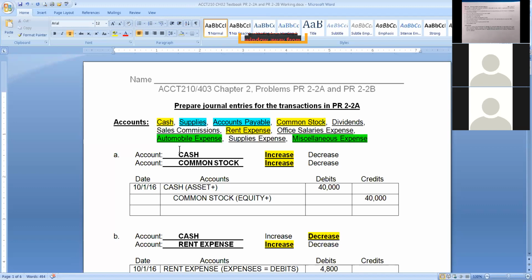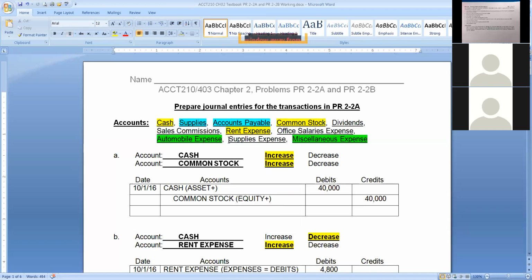Okay, I'm going to do my high-pitched voice. Is it the supplies expense? Yes, supplies expense, and what else? Supplies expense is correct. So we have the debit.